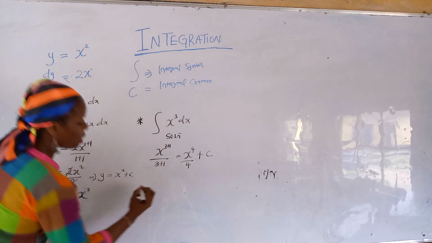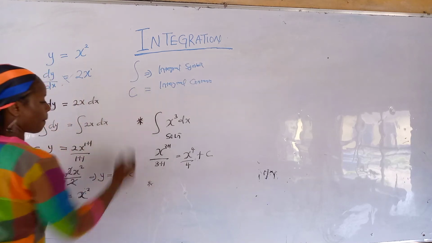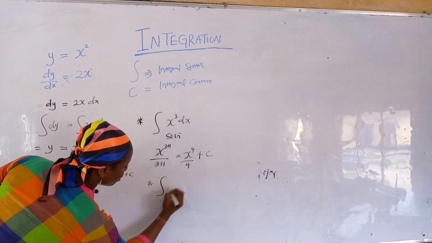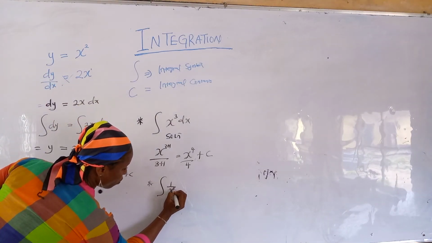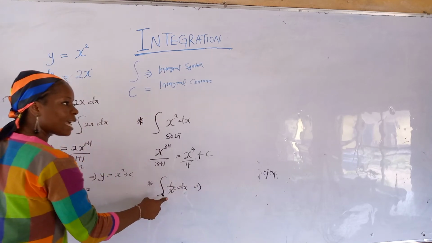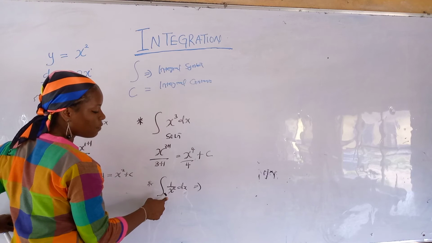We are also asked to integrate this function. I hope you are seeing well, and you can understand what I'm doing. We are asked to integrate this function, x to the power of minus 2 dx. You can rewrite this under the law of indices.